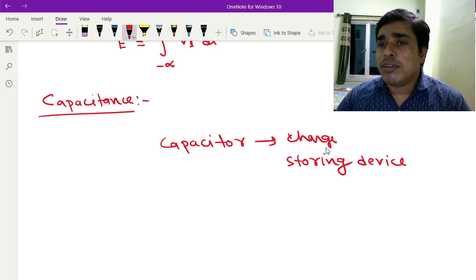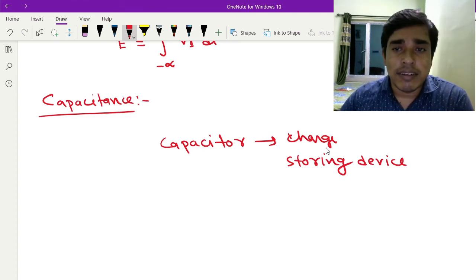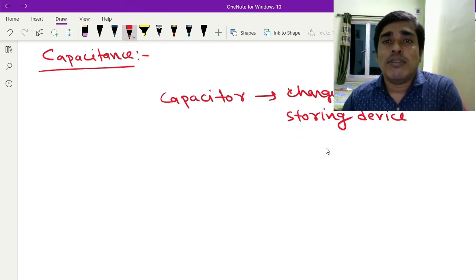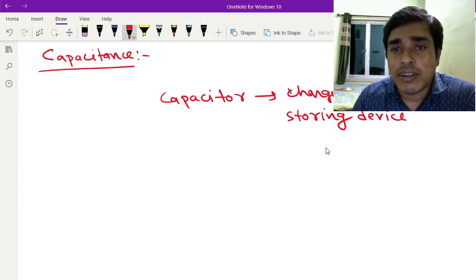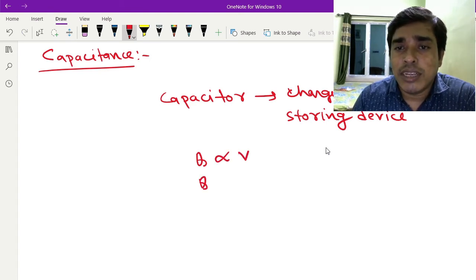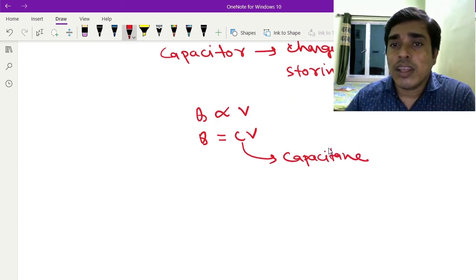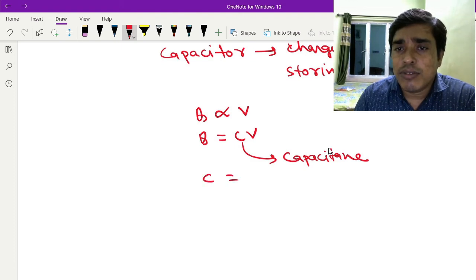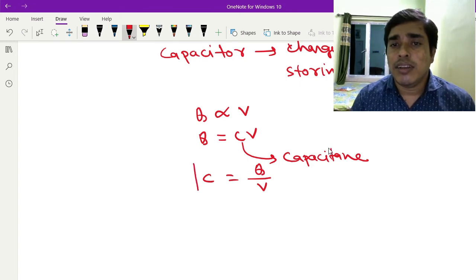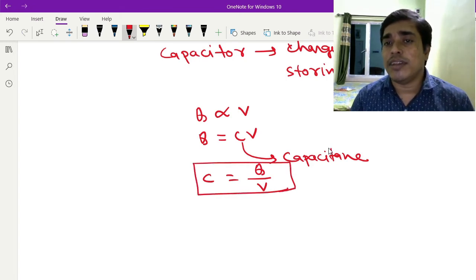The ability of charge storing is called capacitance. So Q is proportional to V, so Q equals CV, and C is called capacitance. So C equals Q by V. This is the formula of capacitance.